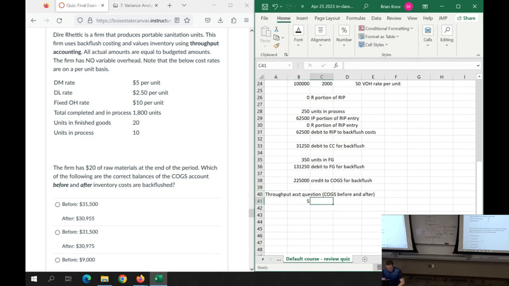So we have a $5 DM rate per unit, which means that given 1,800 total units, our total direct materials cost was $9,000. And so during the period, we accumulated that cost in the cost of goods account.